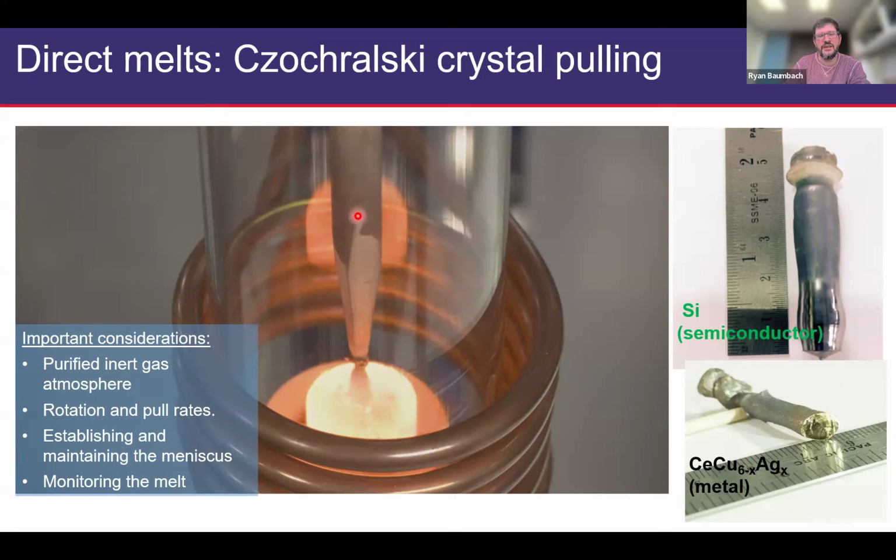And then we're inserting a pull rod into that melt. By getting a crystal to nucleate on the end of this, we can then slowly withdraw the pull rod. And as this happens, more and more of the silicon will attach itself to the solidified part.